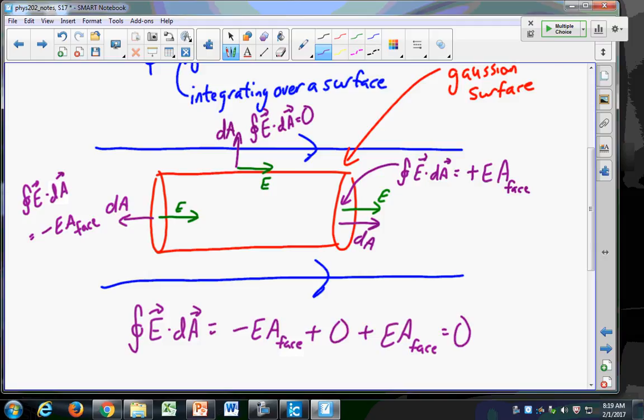No, there's a charge over here that's causing this electric field, but inside this surface, there's no charge. That's why the sum of E dot dA, the total flux that's going through the surface, is 0. There's some flux going into the surface, and there's some flux going out of the surface, but those two are equal. All right, let's see what's next here.